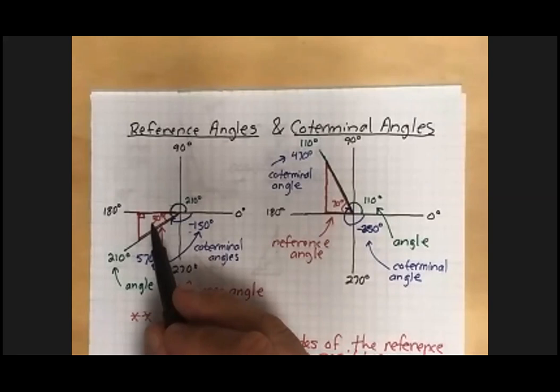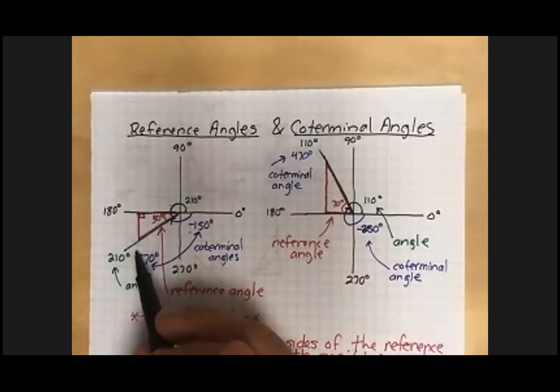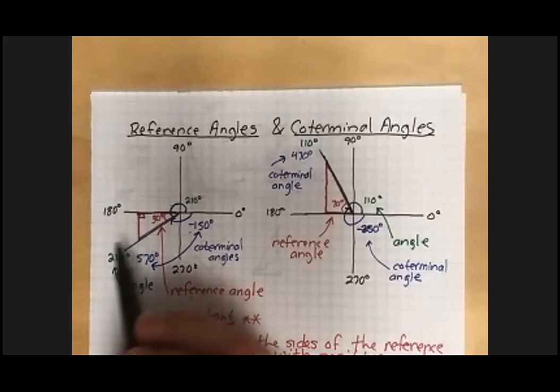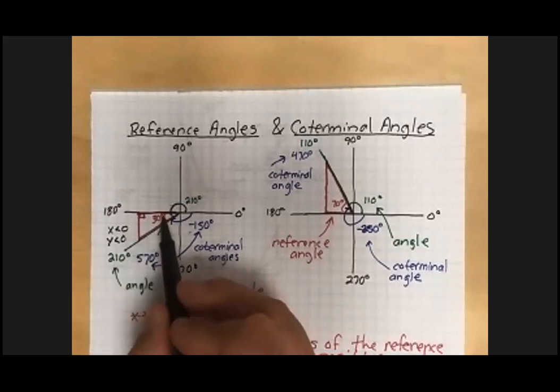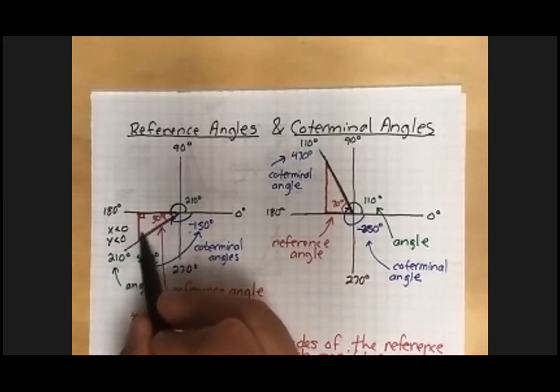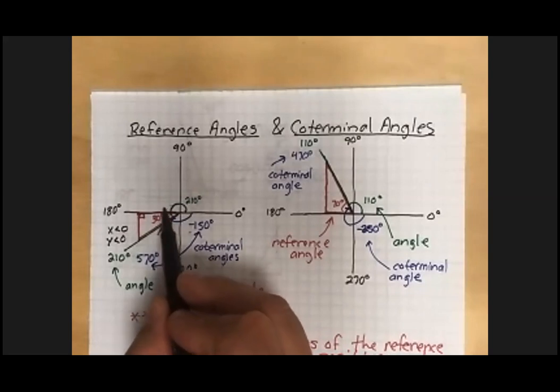And you only report that with positive angle numbers and positive lengths. Although the sine and cosine of 210 will be negative because both x and y are negative in the third quadrant, this red triangle, this reference triangle, you report all of those values as positive.